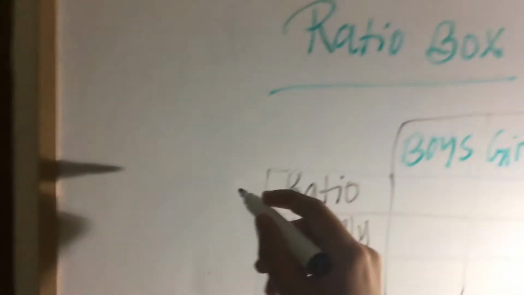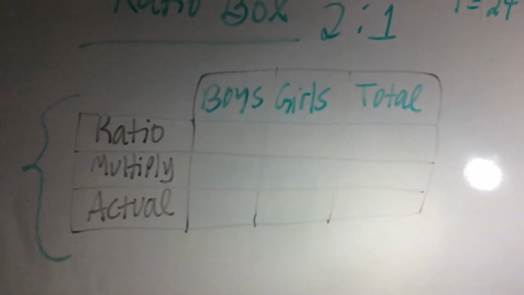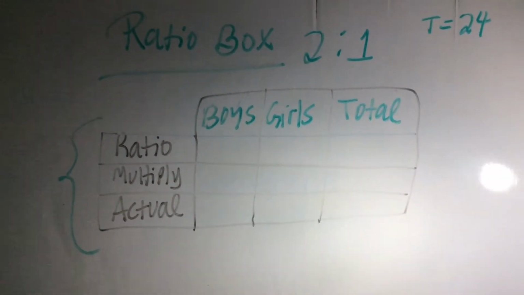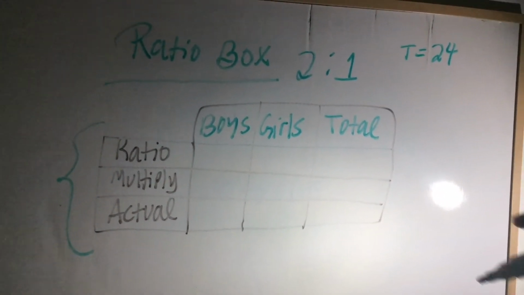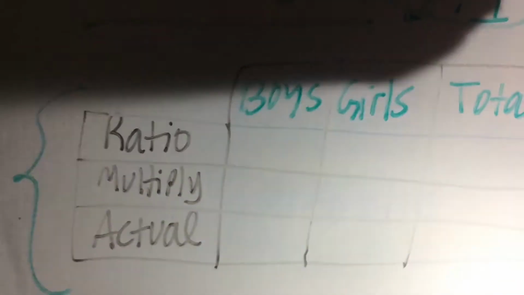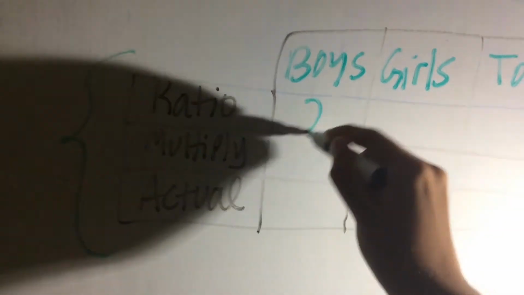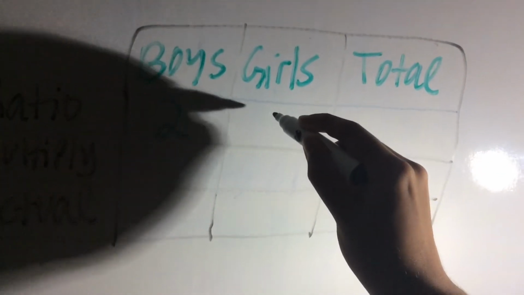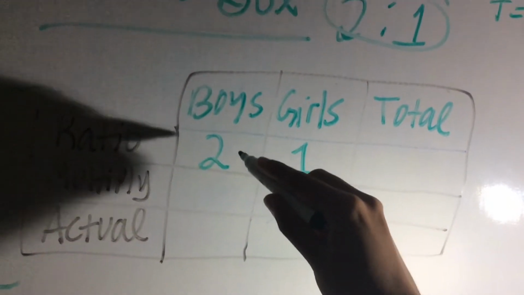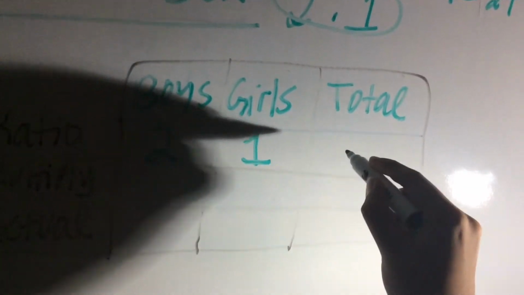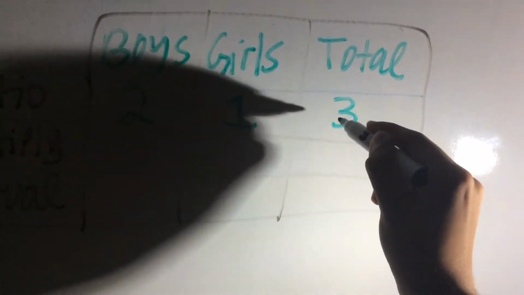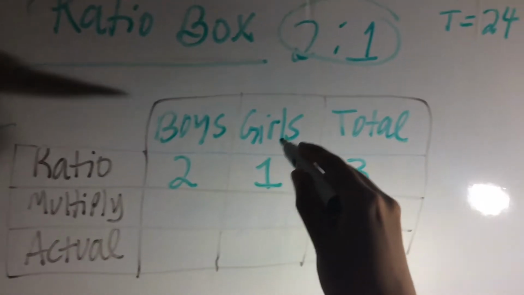You must always write what is right here. This is essential for you to get the right answer. As you can see here, the basic ratio must go into the ratio row: boys 2, girls 1. Total, you sum everything here and it must be equal to 3. Of course, 2 plus 1 is equal to 3.